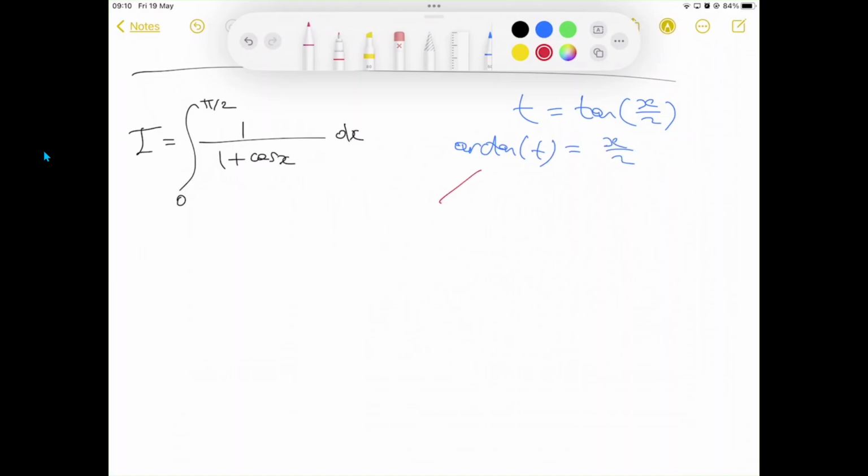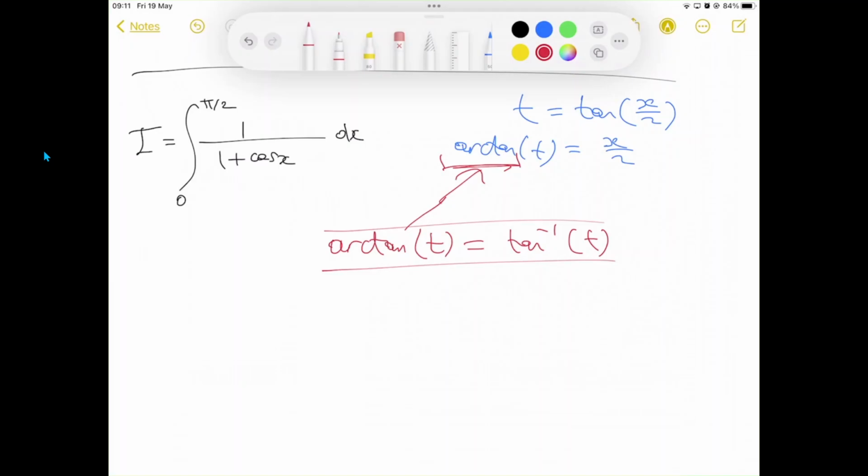Just one thing that caused a little bit of a fiasco in the comment section last week was relating this and this. Well, this is just a quick reminder: these things are the same thing. I just use the one on the left because the one on the right can sometimes be confused with this, all to the power of -1.